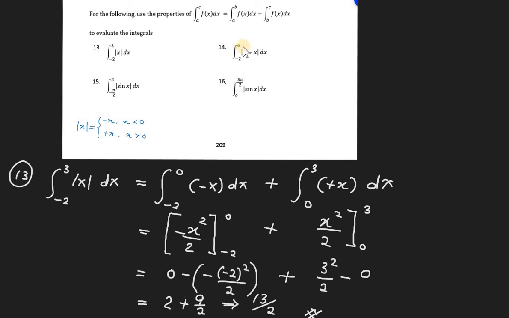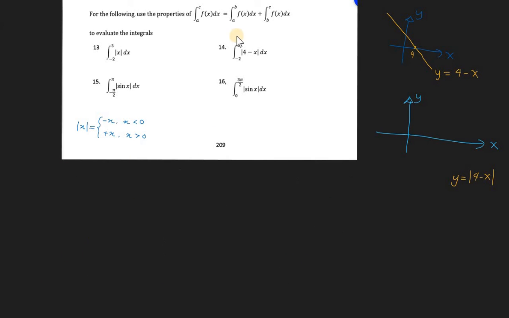But first, you have to define this absolute symbol, 4 minus x. Let me erase this first. So let's define this absolute first. When we merely draw a line of 4 minus x with a negative slope, it is a straight line, and when y is 0, the intercept on the x-axis is 4.